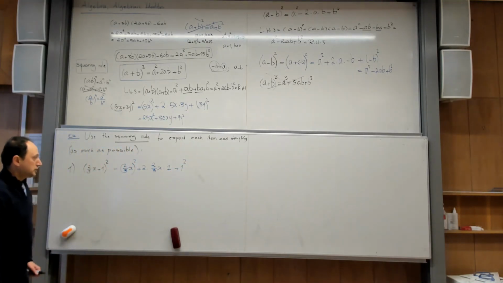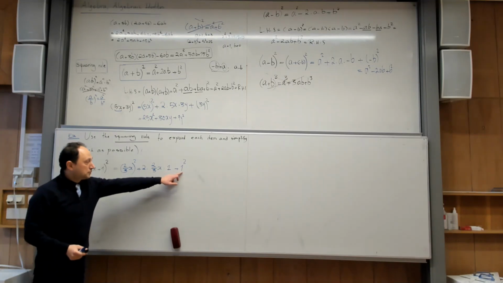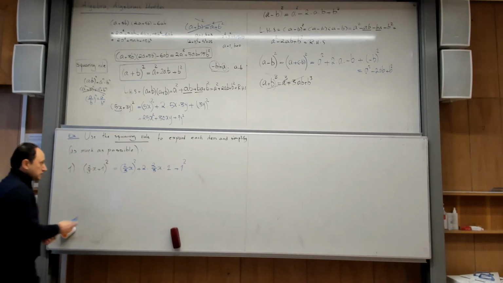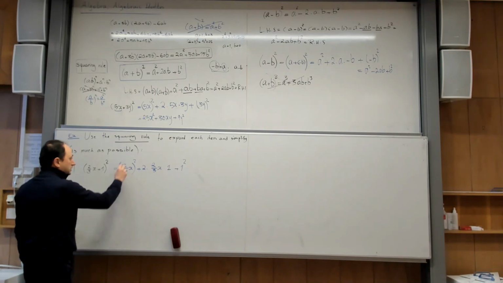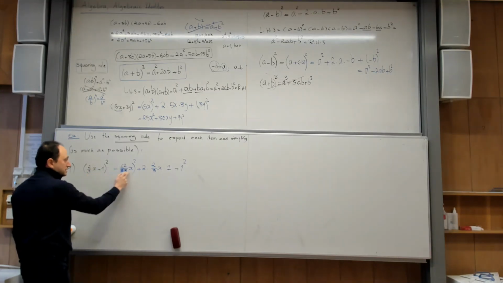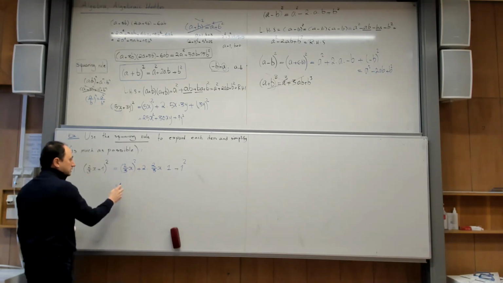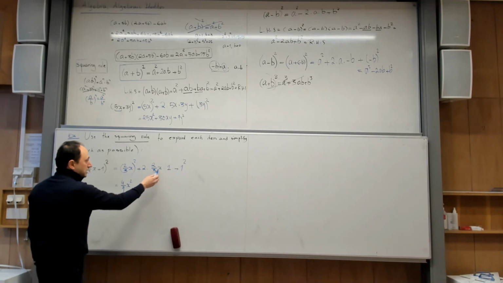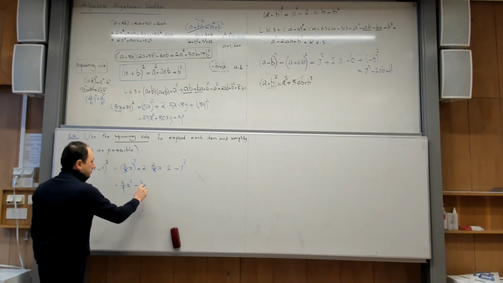Today's lesson is finished. Okay, up to here. After that is just the lesson that you already know. So this means that I square it. This is a number multiplied. This is a number, this is an expression added to something, but that's multiplication. This one squared is 4 over 9x squared. 2 times 2 over 3 is 4 over 3, times x times 1 is 4 over 3x.